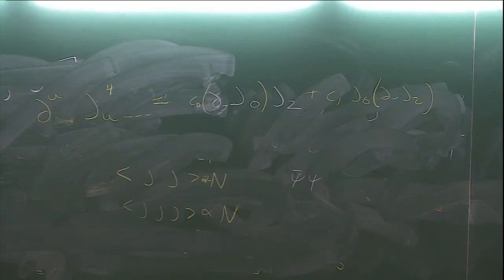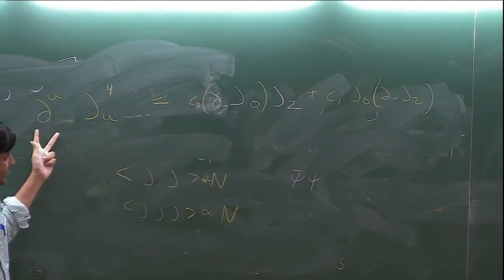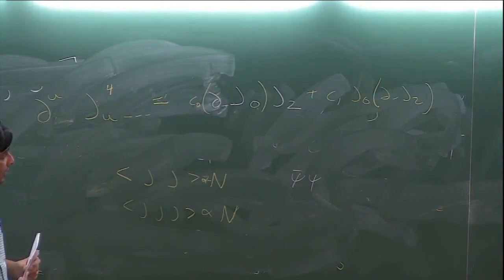In this way we can construct possible double trace operators that can appear on this side. Then there's also the possibility of triple trace operators.